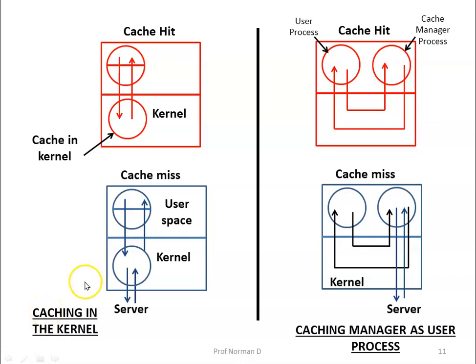The second place to put the cache is the kernel, as we can see in this particular figure. The disadvantage here is that a kernel call is needed in all cases, even on a cache hit. But the fact that the cache survives the process more than compensates.